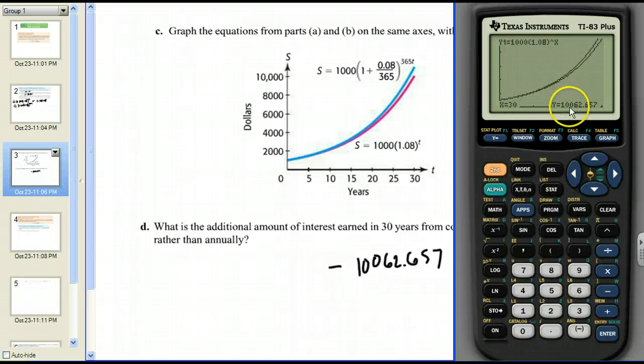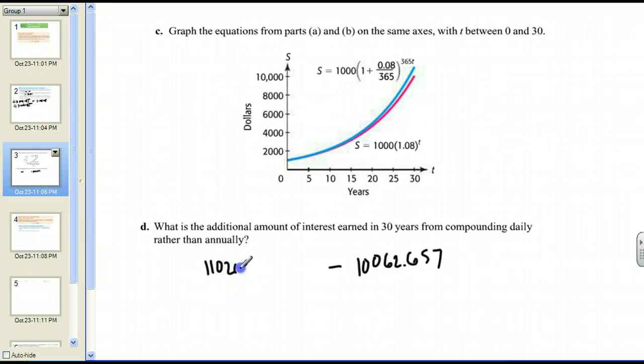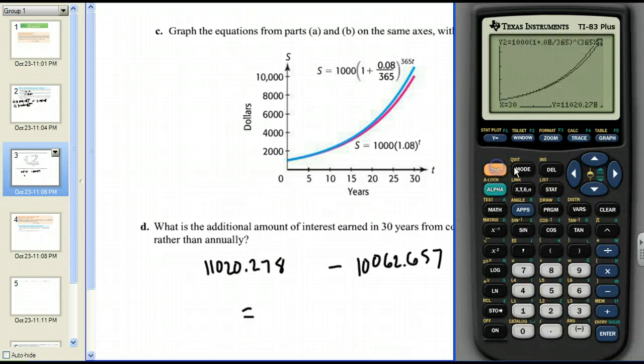And there's 10,000. Oops, that's in Y1. 11,020.278. If I do that subtraction, I get 11,020.278 minus 10,062.657.